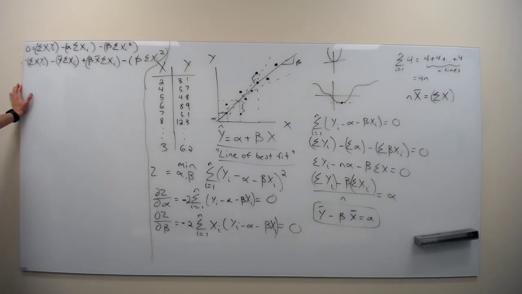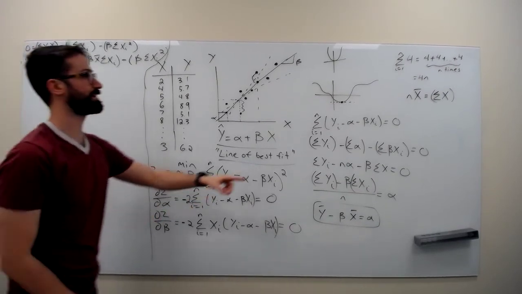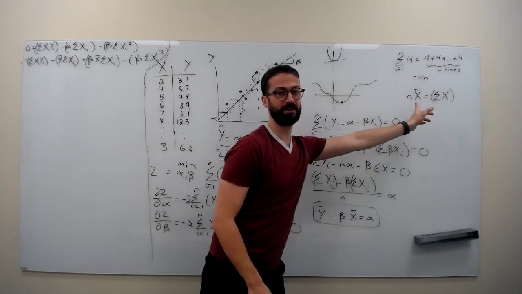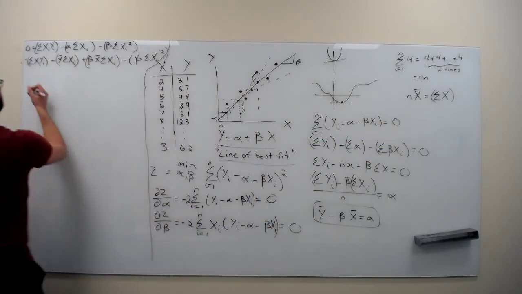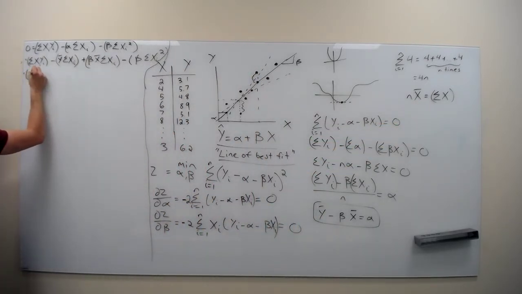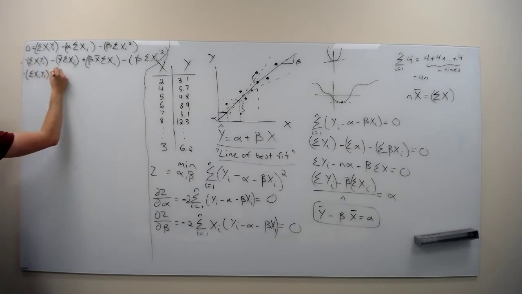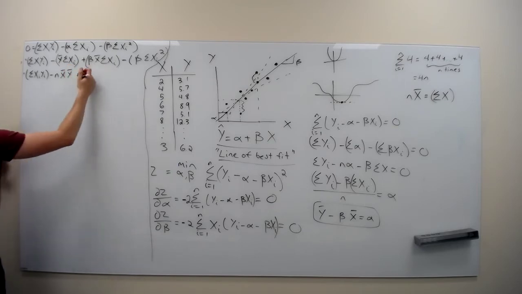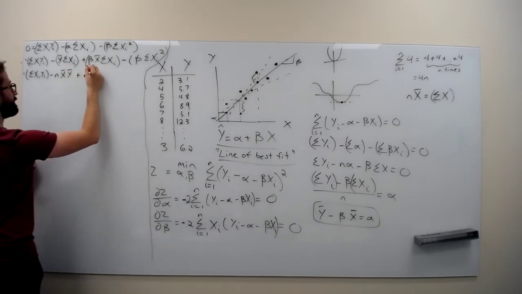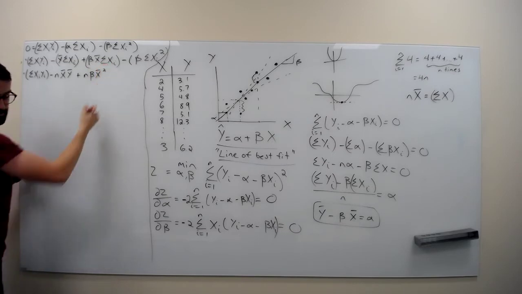Now, what we can do is use our very useful fact that the sum of xi equals n x bar, and plug in. So again, first term unchanged, as it will always be. n x bar for this term, so minus n x bar y bar, plus n x bar for this term, so n beta x bar squared.